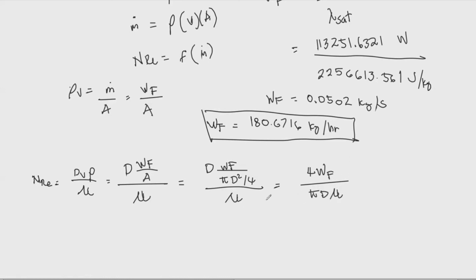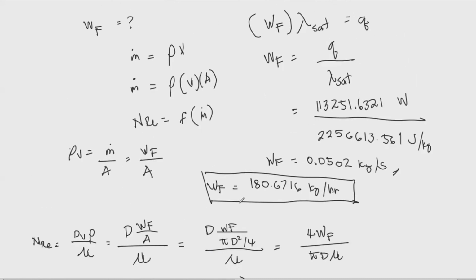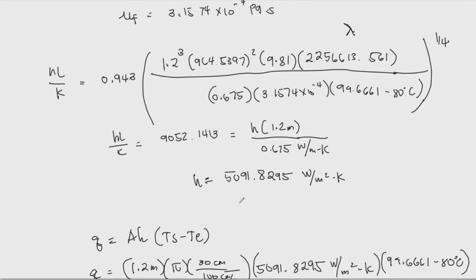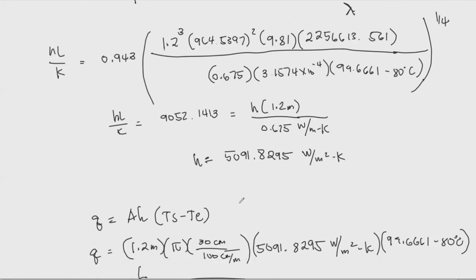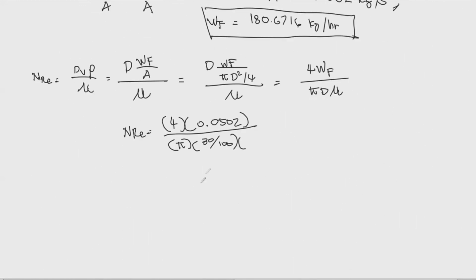So we need to evaluate this Reynolds number using this formula, and if you would check on that, we have 4, and then WF is actually, this is in kilogram per hour, but we'll be using kilogram per second, so that's 0.0502, and then we have π, and then the diameter is actually 30 cm, so let's divide it by 100, and then our dynamic viscosity is given by 3.1574 times 10 to the negative 4.